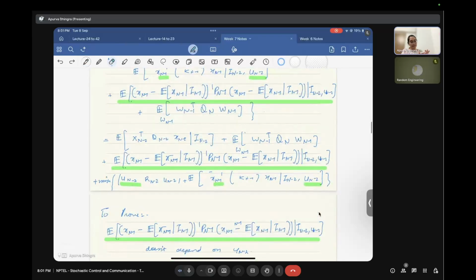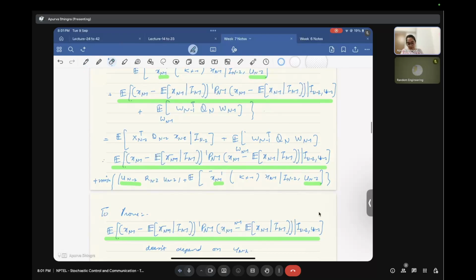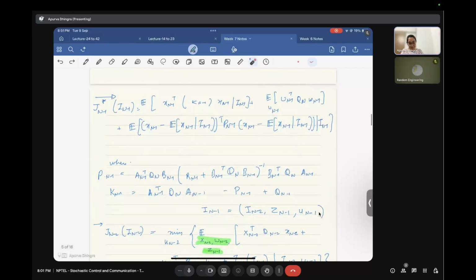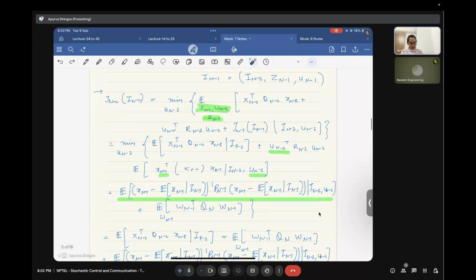And the core thing that we used to establish this is this particular term. This is the term about the difference between the state and the estimation of the state. So it's like the error in the state estimation. We showed that this does not depend on the action.